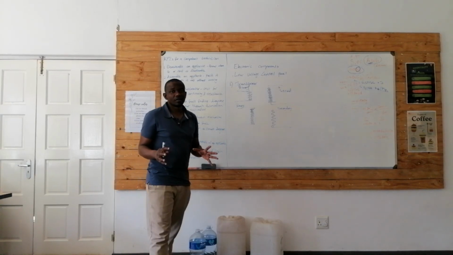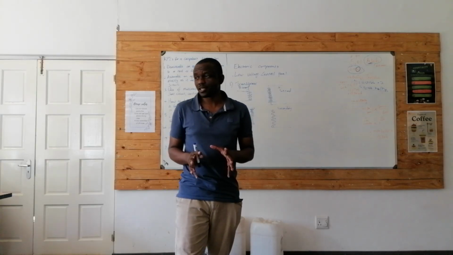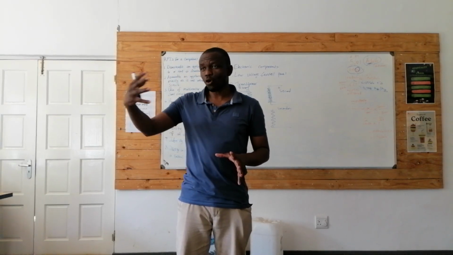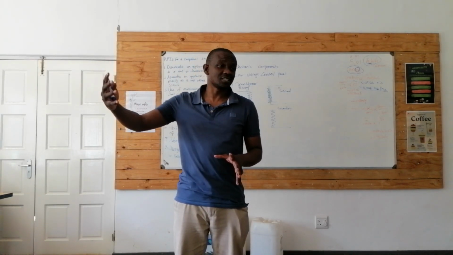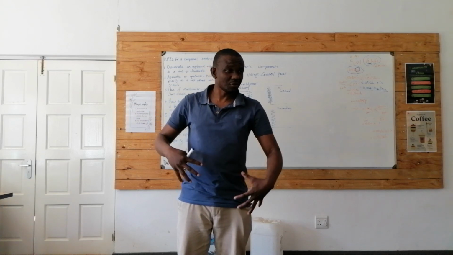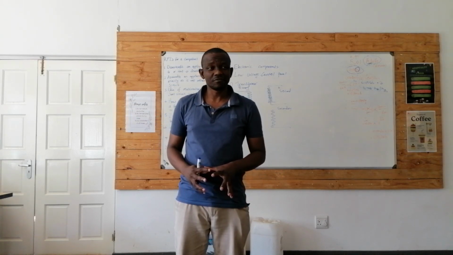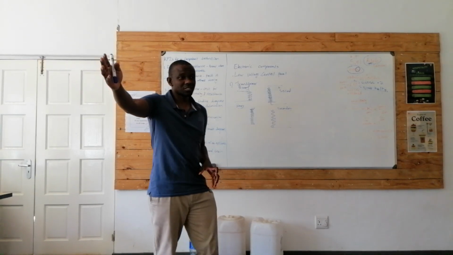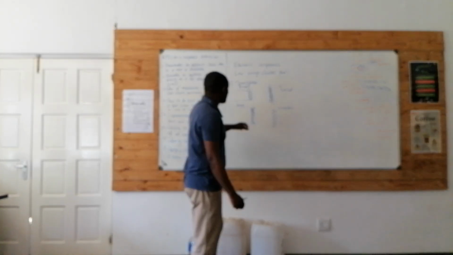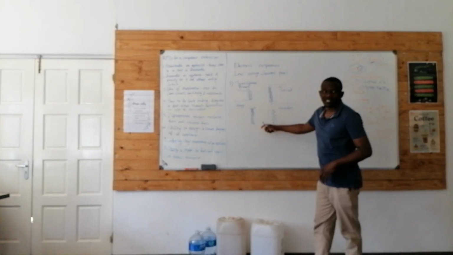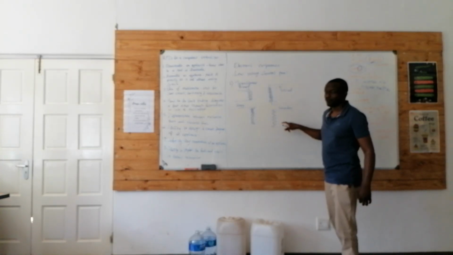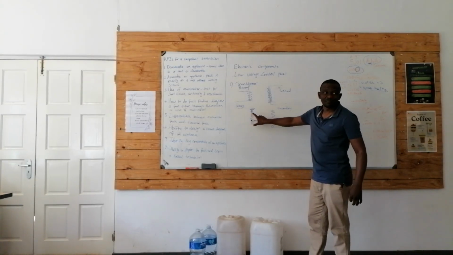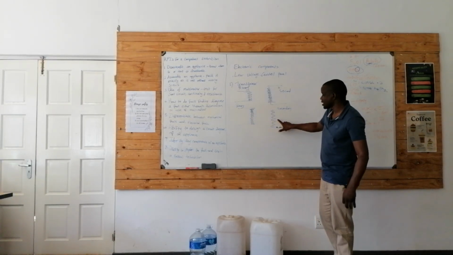Remember, when we were talking about the motors, we said the bigger the coil, the bigger the magnetic field. The lesser the coil, the lesser the magnetic field. So she is correct to say the bottom one is a step down, because there's too much magnetic field on this side and there's less here.